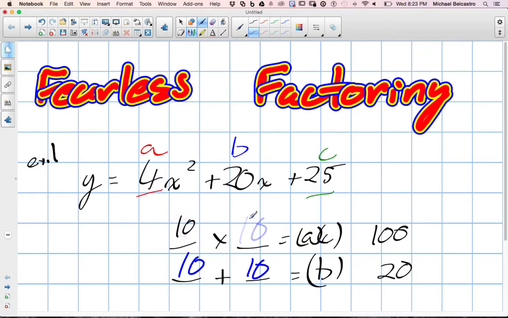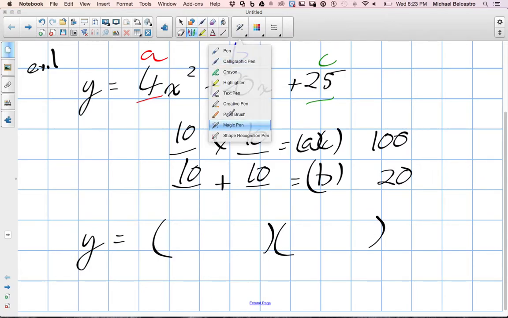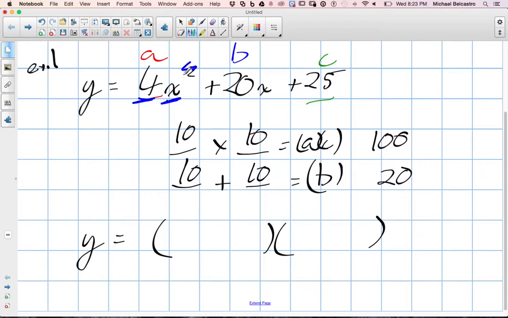So we'll write them in permanently here: 10 times 10 and 10 plus 10. Great. So now for fearless factoring, what we do is y is equal to, and we set up two sets of brackets. The first term, the coefficient of x squared, the 4x, is going to be the first term in both brackets. I'll write it in red to remind you that it's the A. 4x and 4x.